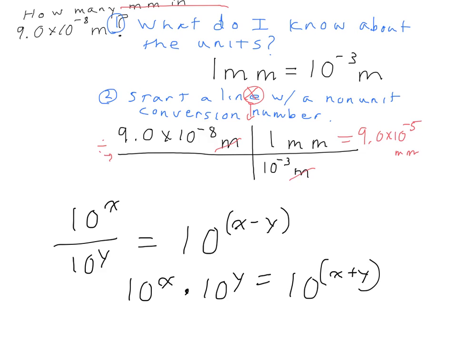Why do I say this to you? Because when working with a metric system, you can often avoid a calculator. To do this, all I had to do was go negative 8 minus a negative 3, which is the same thing as adding a 3, so it's a negative 5.